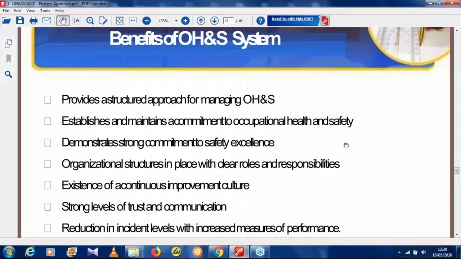So from the investigations, one of the inferences was that they didn't have it clearly stated what the speed limit is supposed to be in that facility.